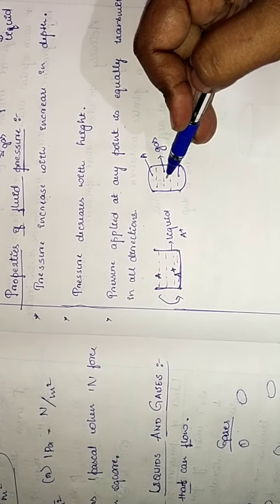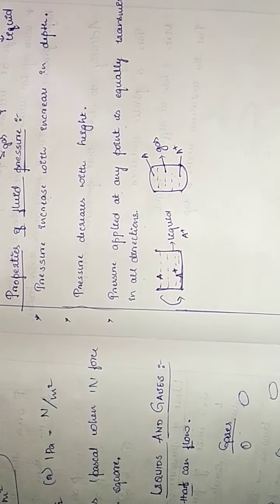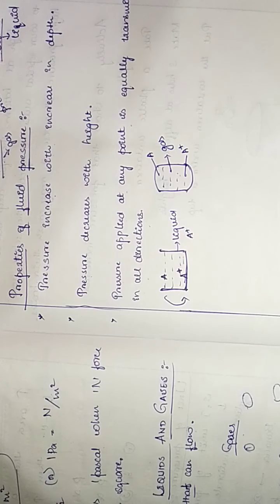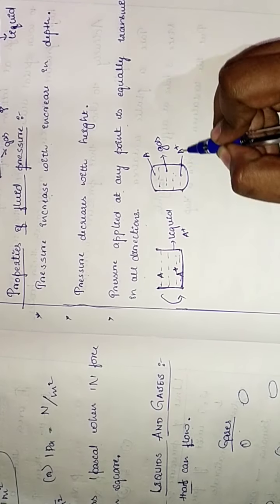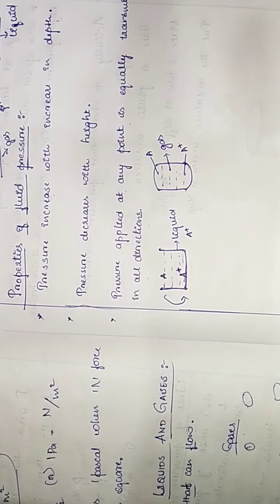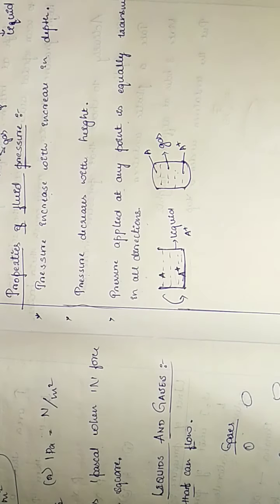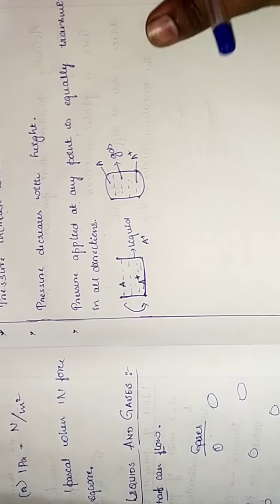As the pressure increases, we get more pressure at the depth. We have to be clear that pressure will be more at the depth. Got it, children? So pressure increases with increase in depth is the property of fluid pressure. This explains the first property.